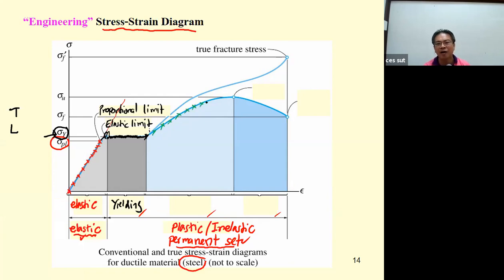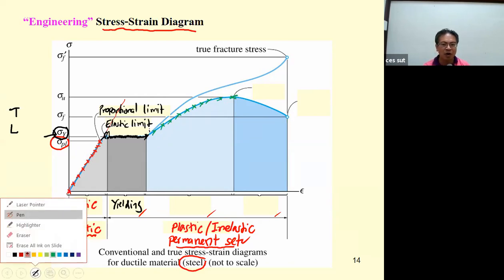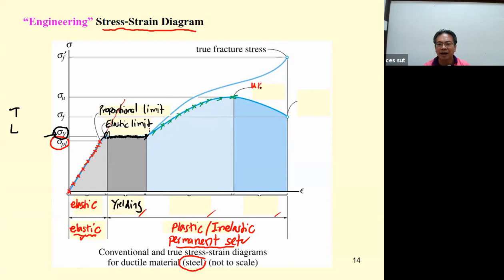However, the slope is going to get smaller and smaller, and it reaches a slope of zero at what is called the ultimate point, where the stress is the ultimate stress. Since the stress increases, or the material has more strength, due to the strain in this region, we call this strain hardening.